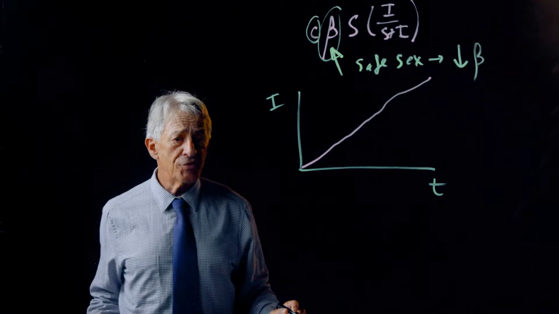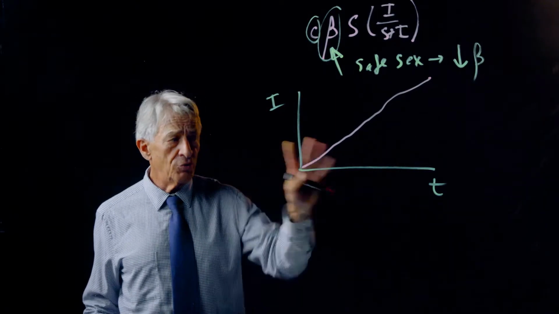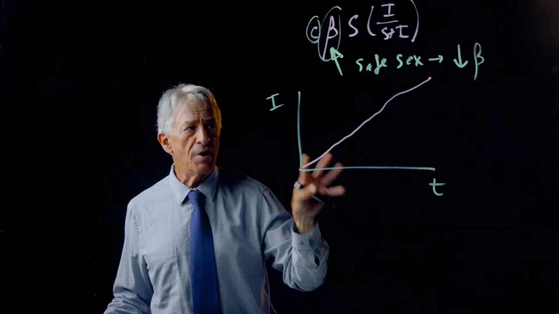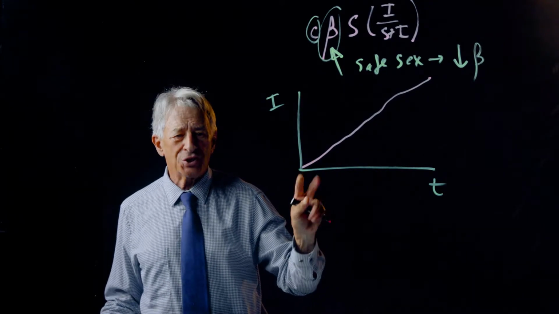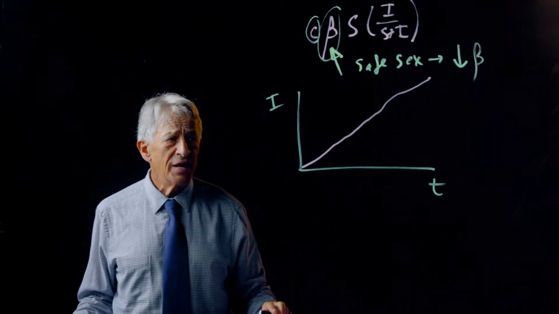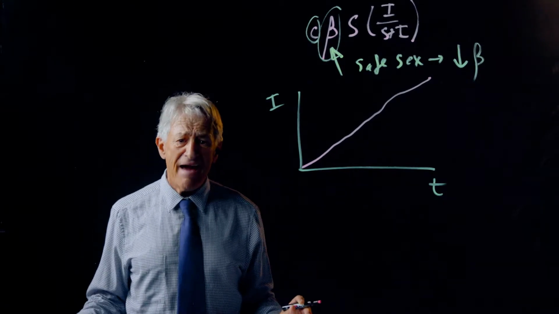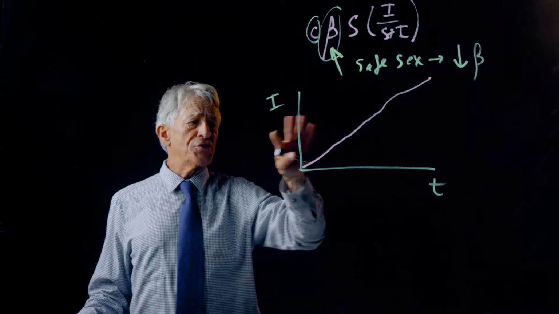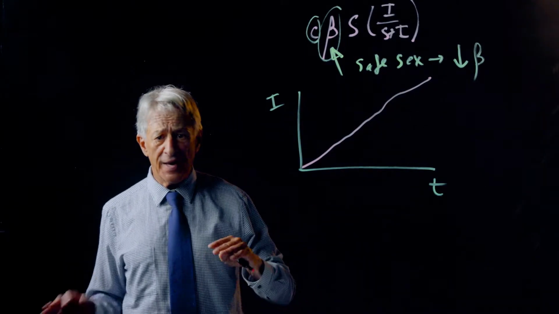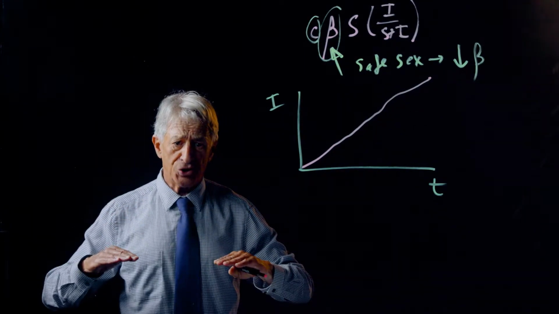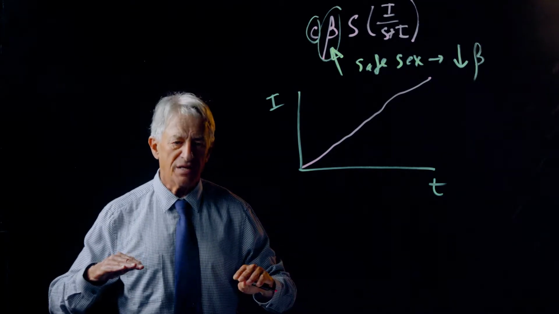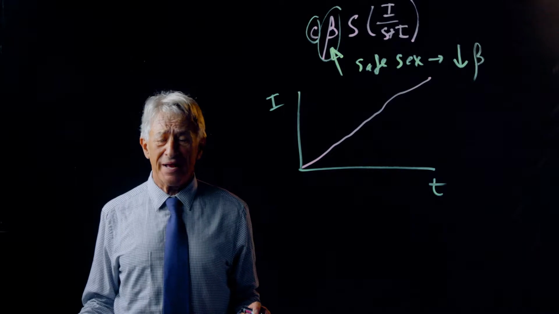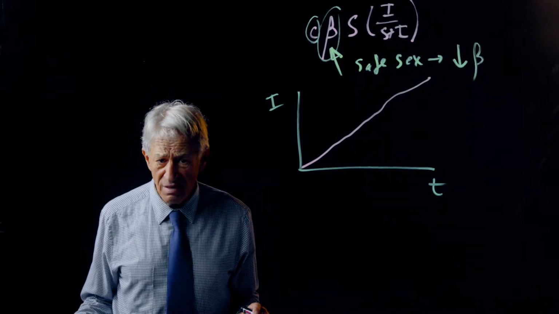And the interesting answer is you don't know. You don't know until you run this model, until you simulate this model, how much of a change in beta. If I halve beta, what does that do to the outcome? Does it make the outcome half as large? No, you have no idea. If you halved beta, it might have no effect.